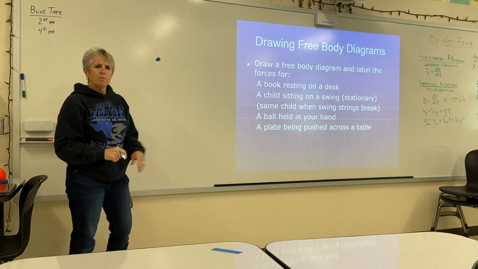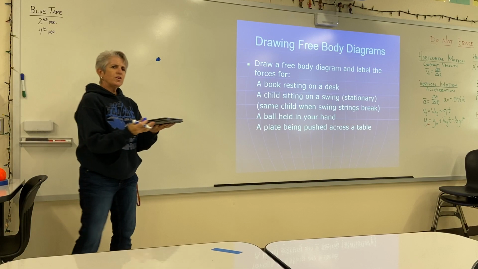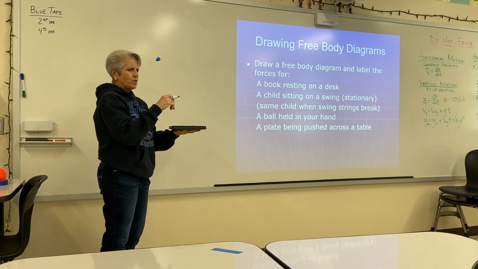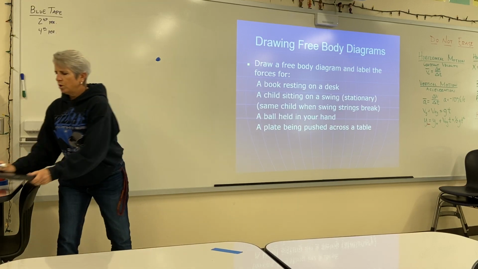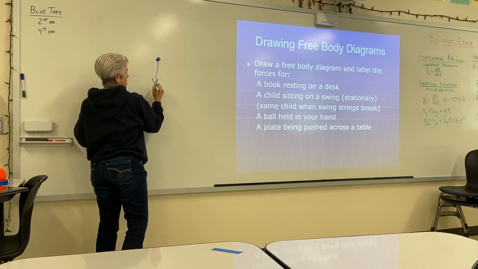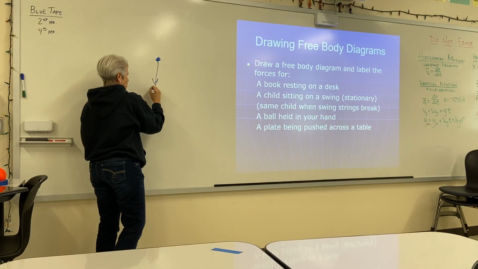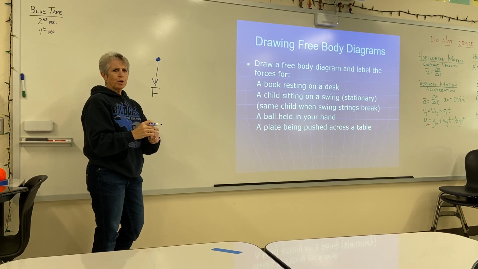And then I want to say, what's acting on my book? Well, usually it's easiest for us to see that certainly the earth is pulling down on the book. So we draw an arrow pointing down, and this is a force of the earth on the book.